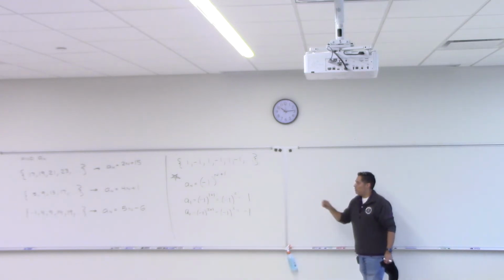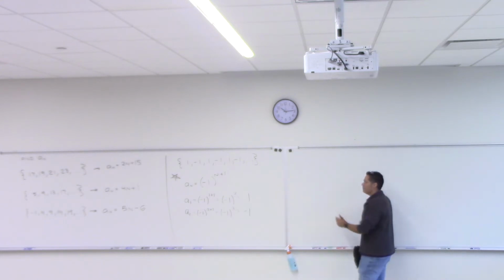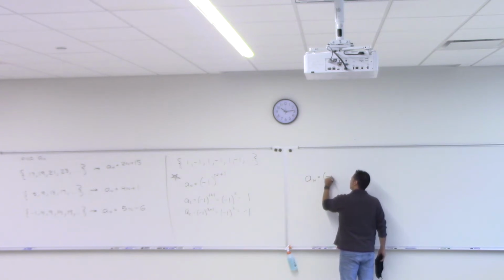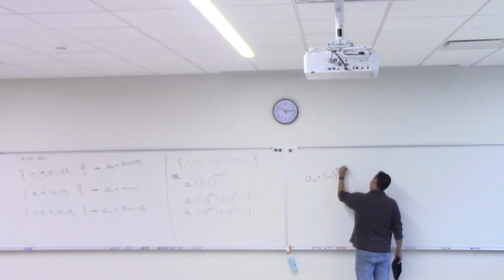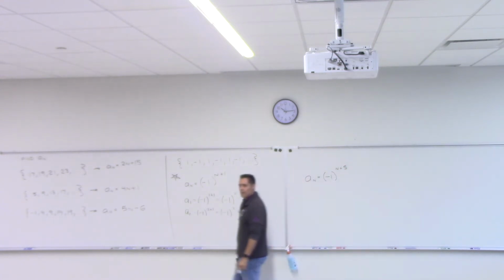I have a question for you. Is that the only answer? Or could you have come up with a different formula that would have done the same thing? Like, could I have done this? Would that have worked?